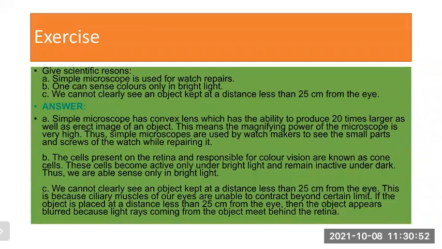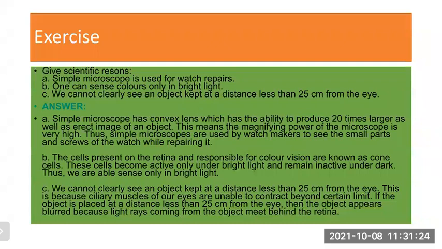This is because the ciliary muscles of our eyes are unable to contract beyond a certain limit. If the object is placed at a distance less than 25 centimeters from the eye, then the object appears blurred because the light rays coming from the object meet behind the retina. Got it?